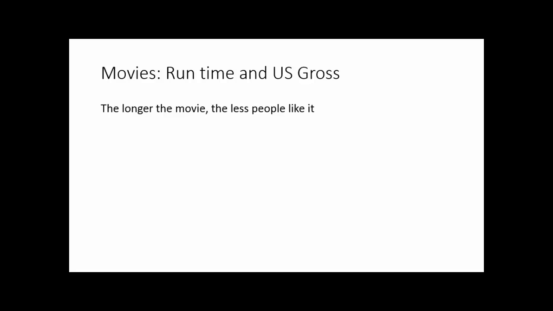I guess what we could say is that if you have a really long movie, then moviegoers don't like the movie, and so are less likely to show up to watch it, right? In that description, it sounds like I'm talking about the length of the movie explaining how much money a movie makes.